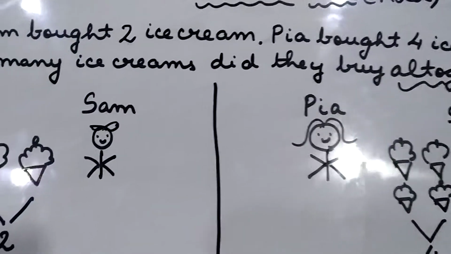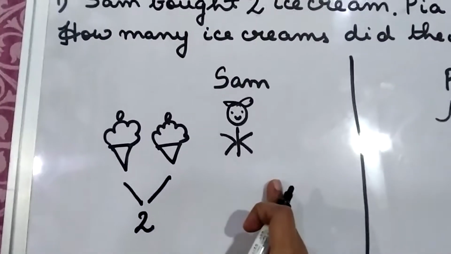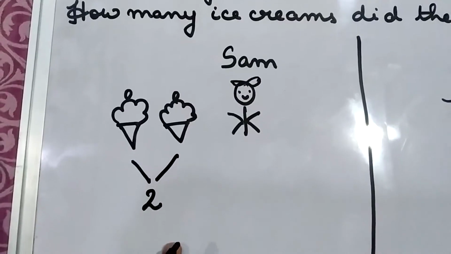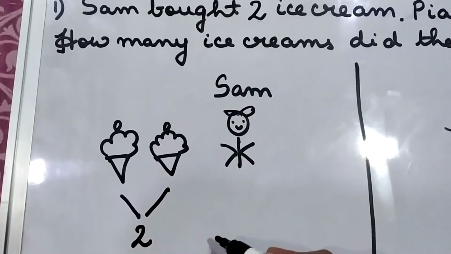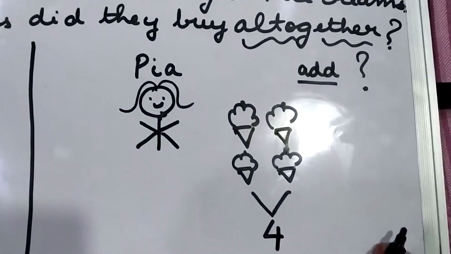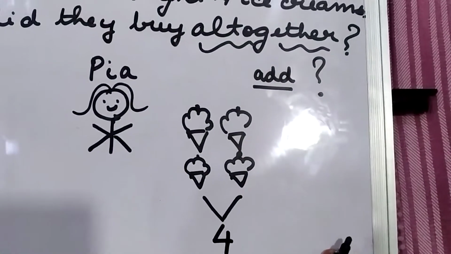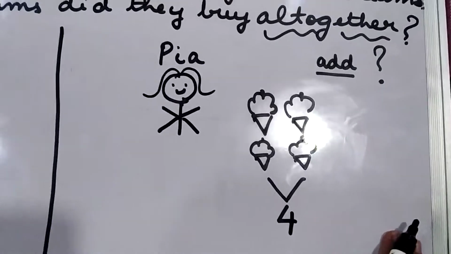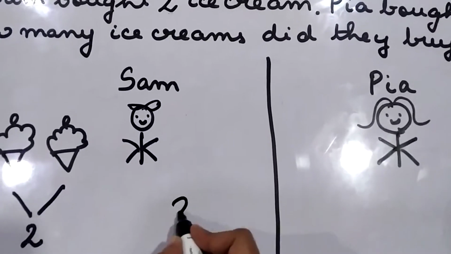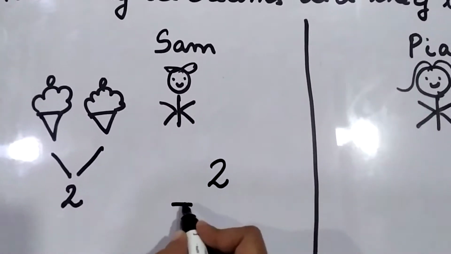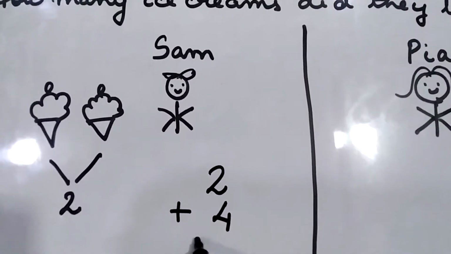So now Sam, as you can see, this is the boy Sam who has bought how many ice creams? He has bought 2 ice creams. See, there are 2 ice creams in front of you. And this is Pia. Pia has bought 4 ice creams. Now all together, how many ice creams did they buy? So simply we are going to add 2 plus 4.